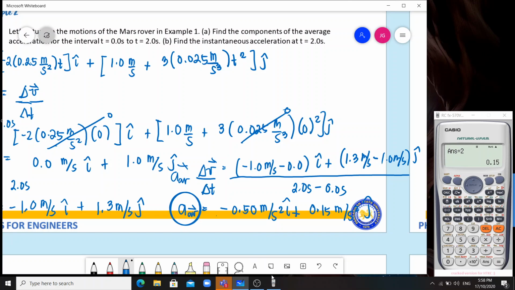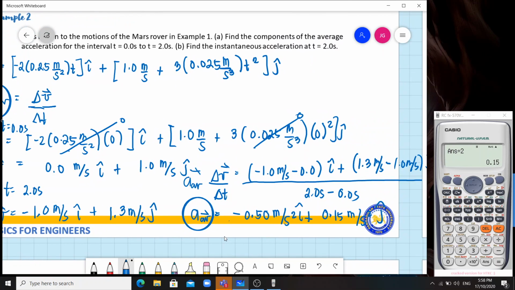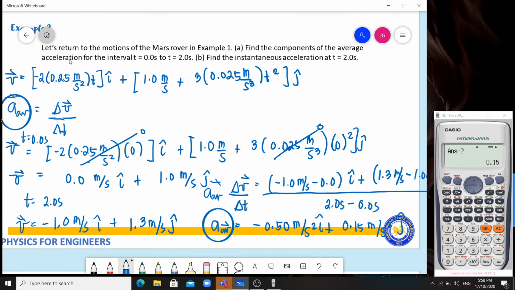Acceleration, guys, sorry, nalito na. Acceleration is equivalent to delta V over delta t. Ang sabi niya dyan, find the components. So, meron na tayong components.